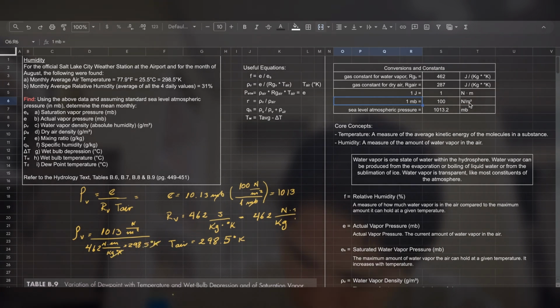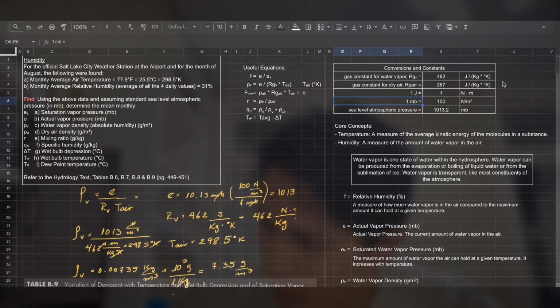Degrees Kelvin cancel, newtons cancel, and we're going to have 0.00735 kilograms per cubic meter. And we want to convert this into grams. So there are 10 times 10 to the third grams, or 1,000 grams, in 1 kilogram. So kilograms cancel, and our final answer should be 7.35 grams per cubic meter. And this will be the answer for part C.